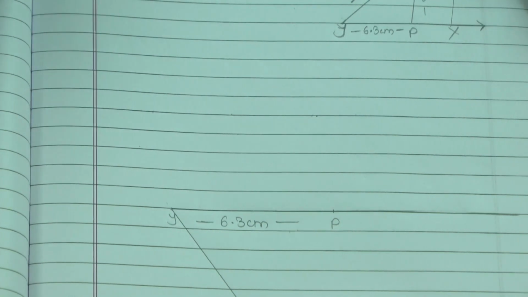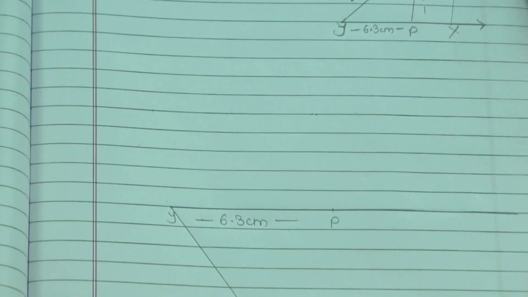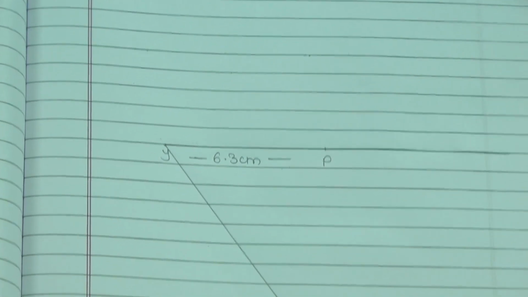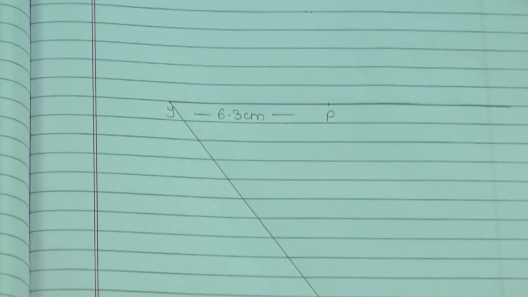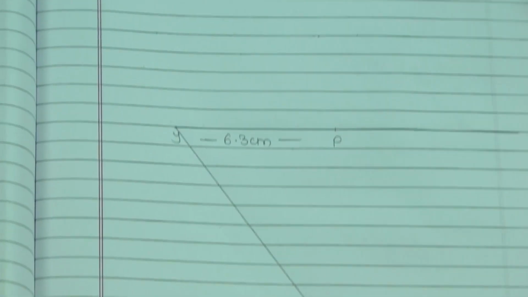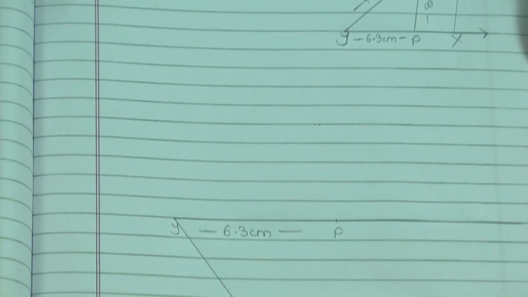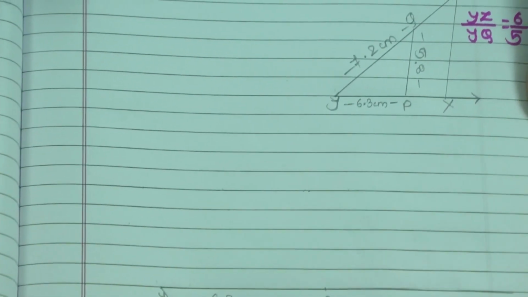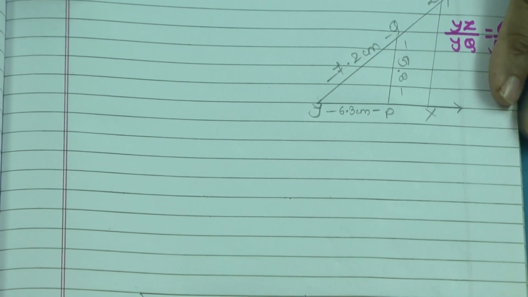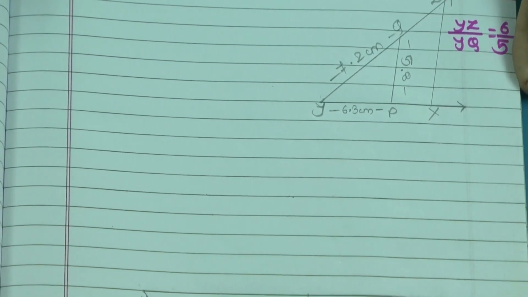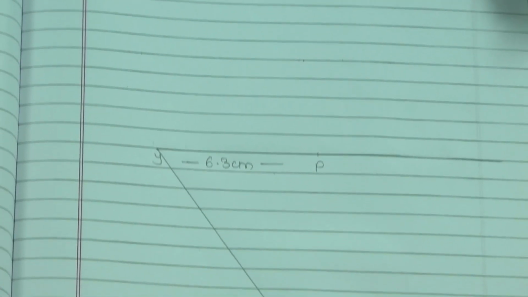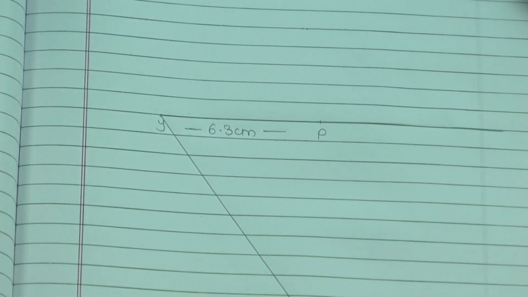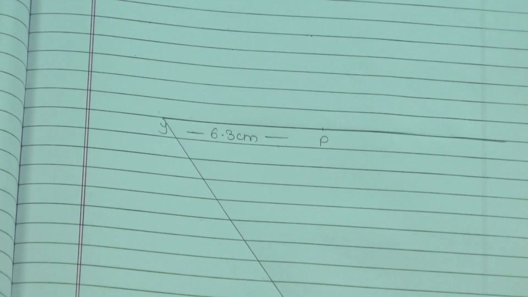Now I have also drawn a line X so that we can divide the line into 6 equal parts. Now why will we divide into 6 equal parts? Their ratio is given 6 upon 5. So 6 is greater than 5. So I should divide this line which is below into 6 equal parts. Come on. Start dividing into 6 equal parts.